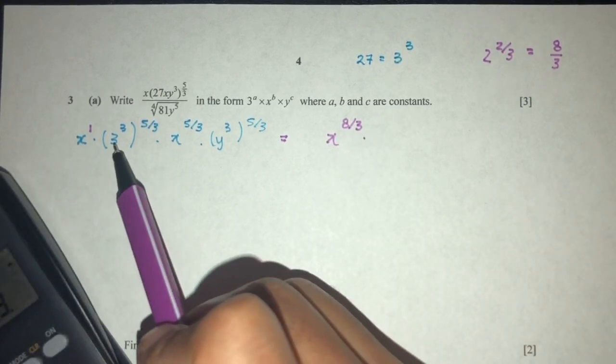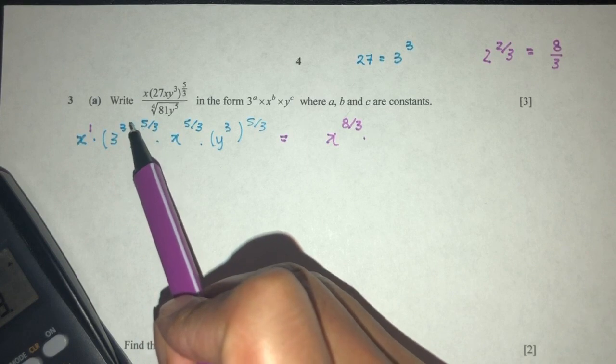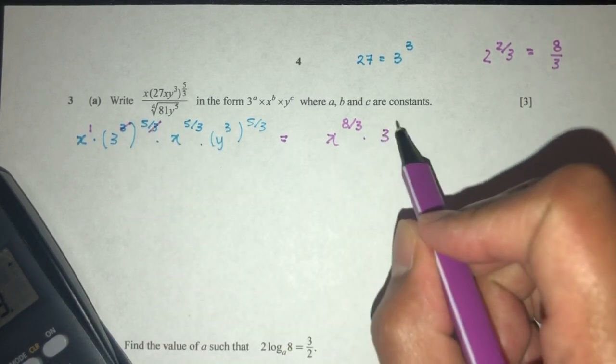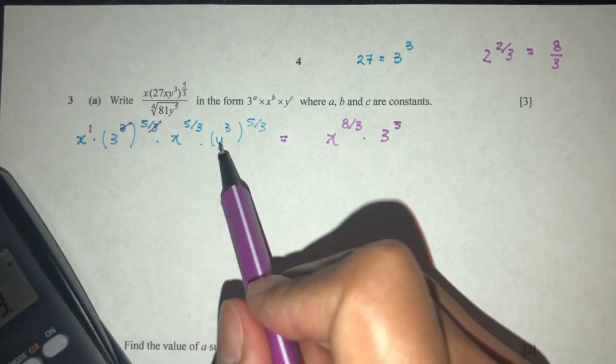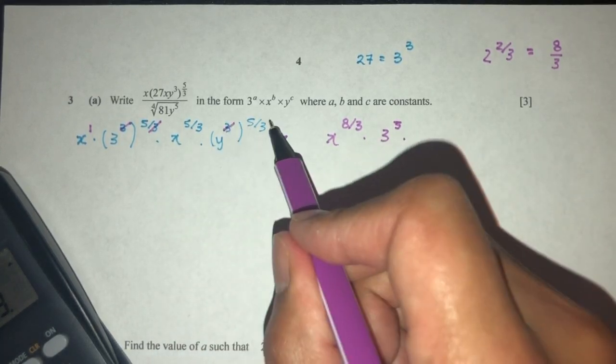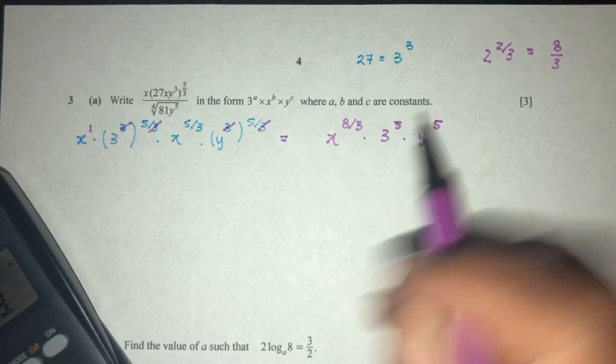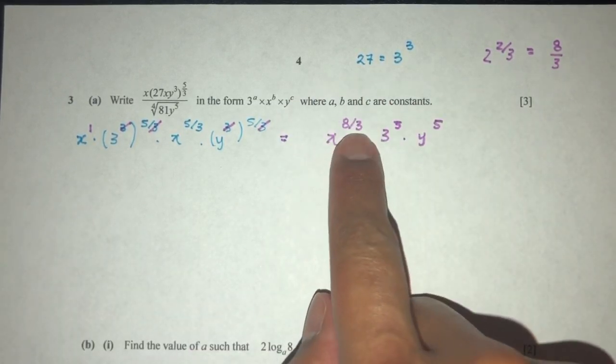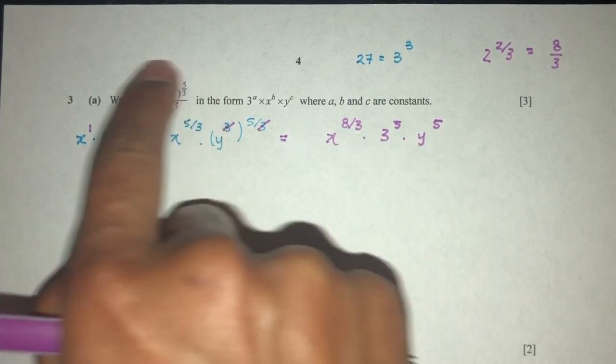Multiply by, here we have 3 power 3 times this and this will cancel out. So you have 3 power 5. Right. And this, this and this will cancel out. You have y power 5. Now this is the simplified power for the numerator.